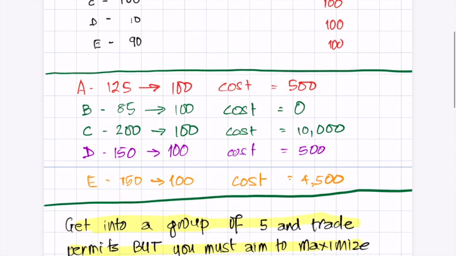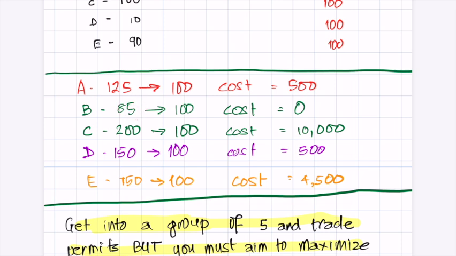But because the abatement cost or the cleanup cost is different for each polluter, here we can see that A is moving from 125 to 100, which is the new limit. A can choose to move to less than 100 if it wants, but its cost of doing that, moving from 125 to 100, is 500.